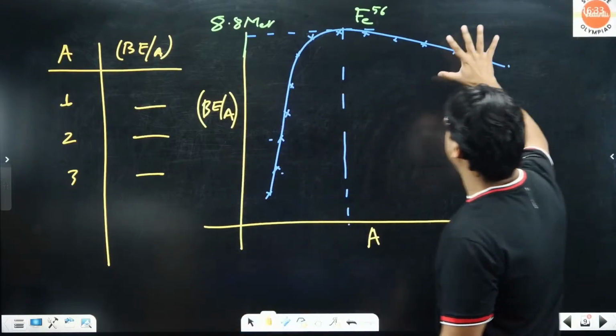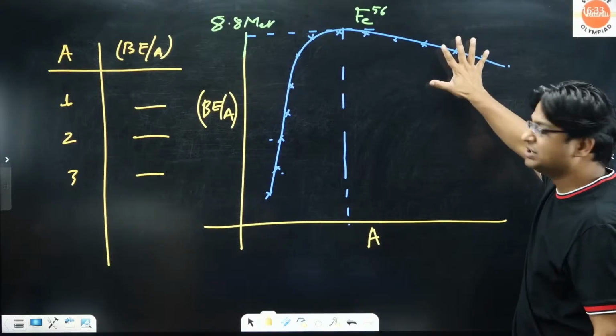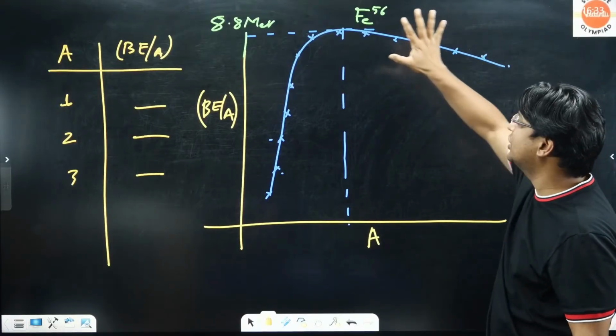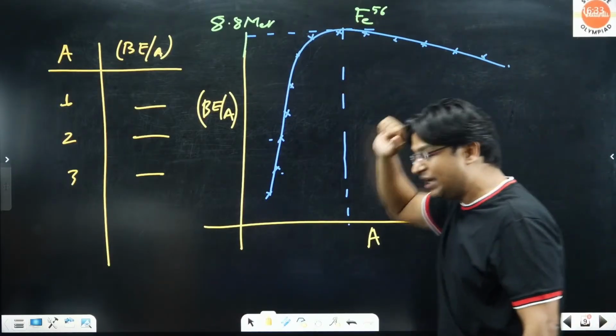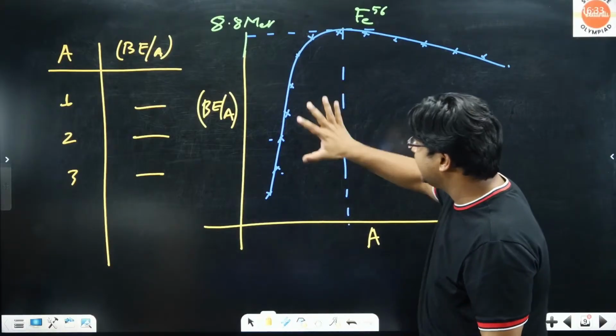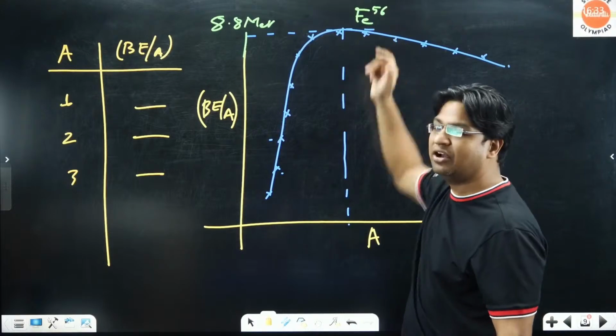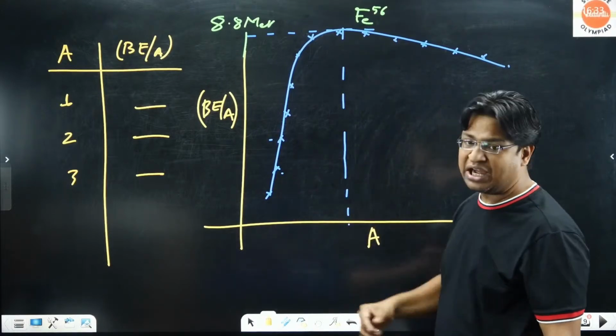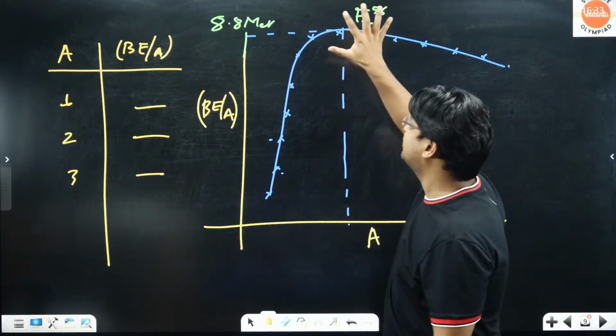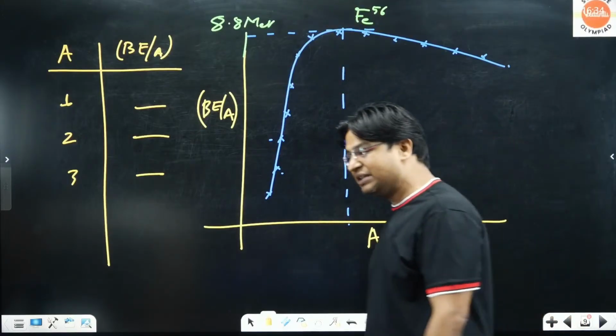We take nuclei from this region, and if we break them into smaller ones which belong to this region, then energy is released. Or if we take the lighter nuclei from this region and merge them to form nuclei of a slightly higher mass number, such that the product belongs to this region, then again energy is released.